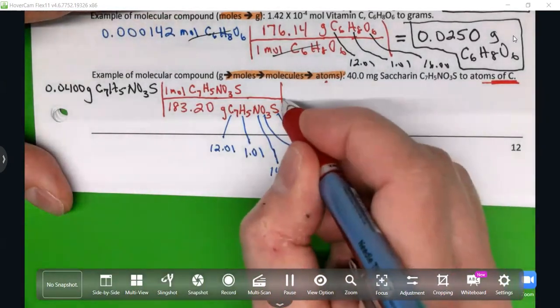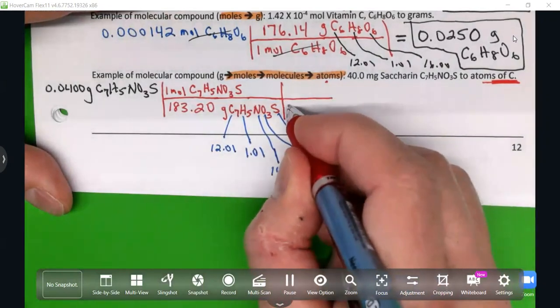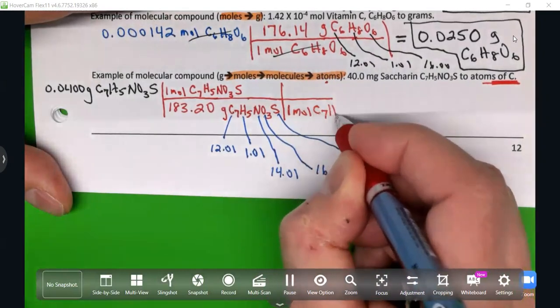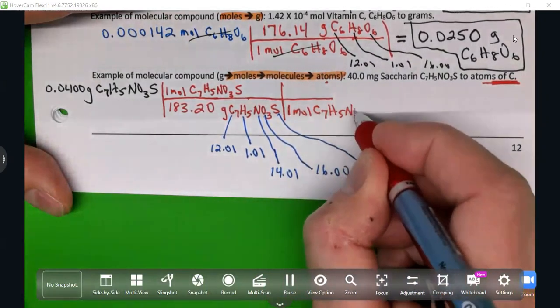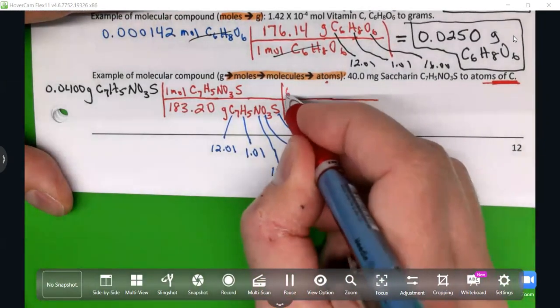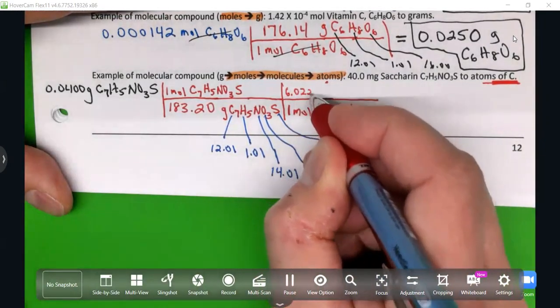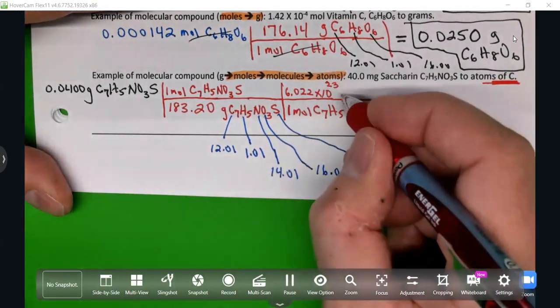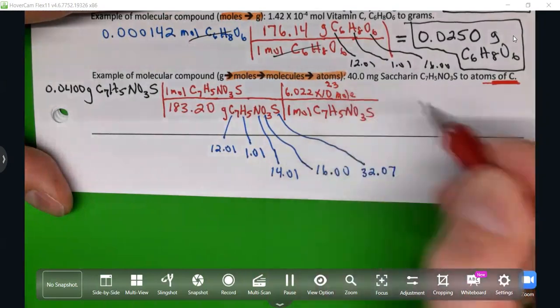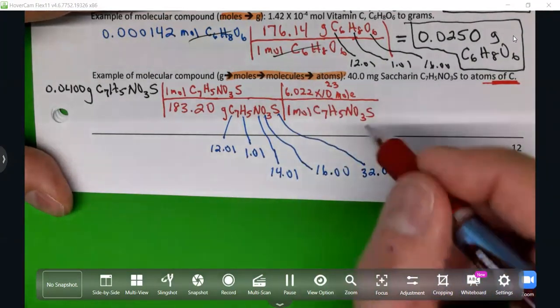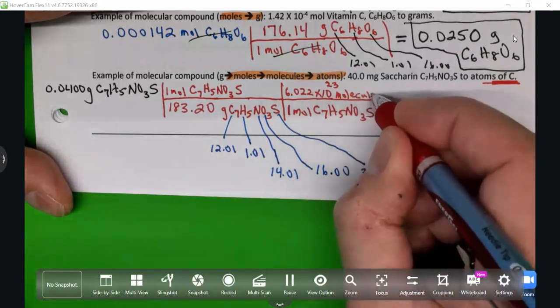So now we can go 1 mole of saccharin would have 6.022 times 10 to the 23rd. It's all non-metals, so I'm going to use the term molecule.